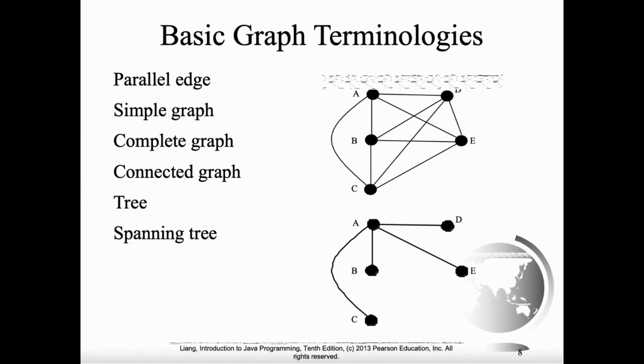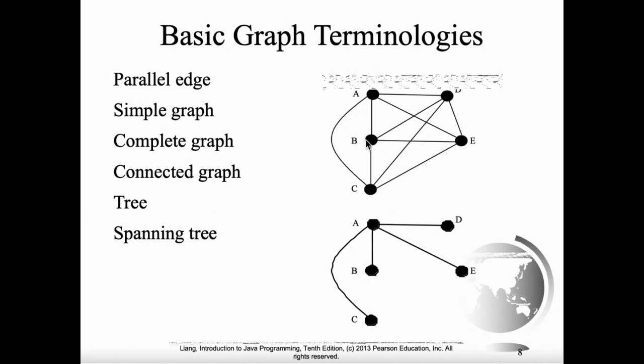Another thing is a spanning tree. A spanning tree is created from a graph. Here in this picture, we have a complete graph. And if we're looking for the tree, we already know what a tree is, right? A tree has only one starting root, and from that we go over all of the children, and we only have one parent per child. So we have to get rid of extra edges.